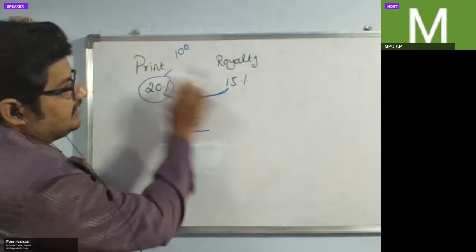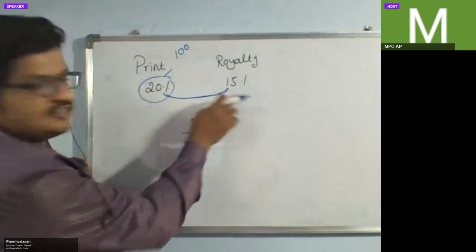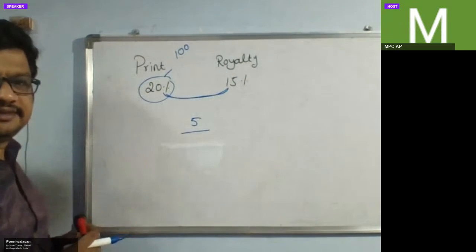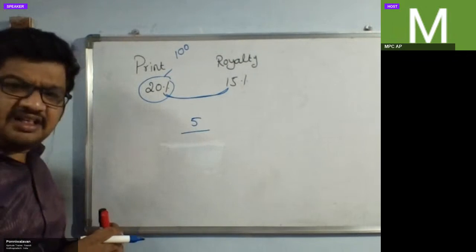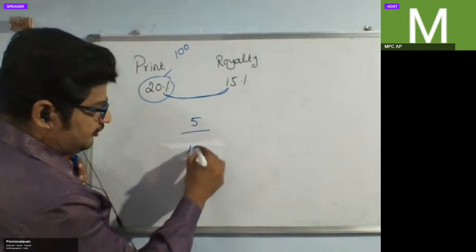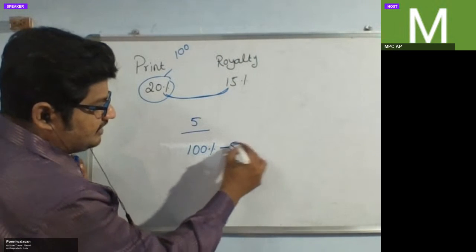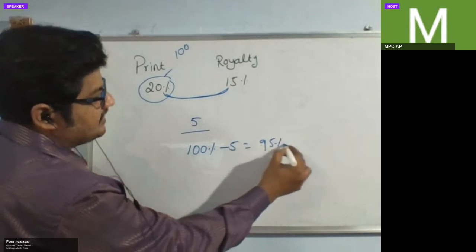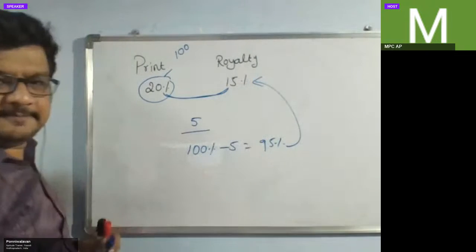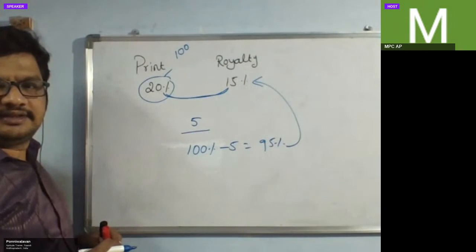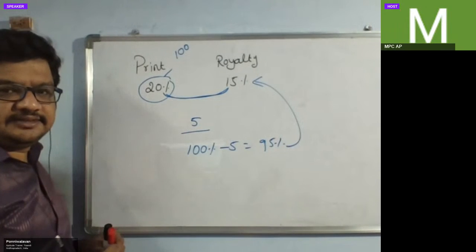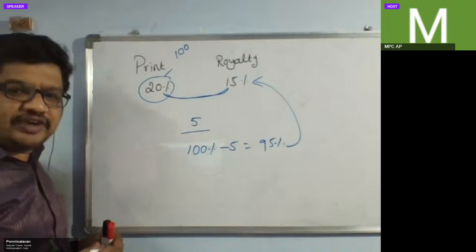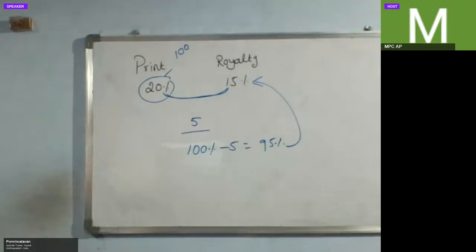But is it 5 less from 100 or 5 less from 20? If 100 percentage 5 less, it has to be 95. Is it a 95? This is 5 less from which number? 20.